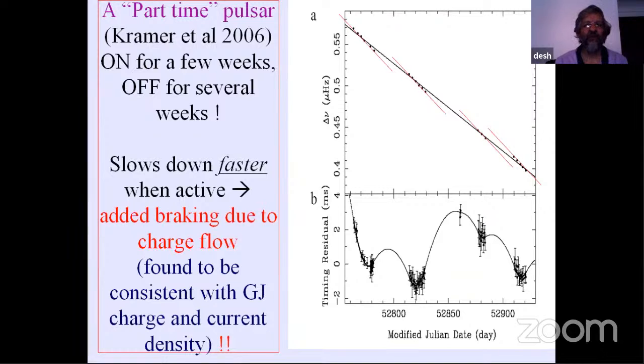Of course, when they are off, if one was doing any search observation, you're not going to find them. But you could be lucky, in addition to the scintillation enhancing the intensity once in a while, that it might actually be in the active phase of such part-time pulsars.